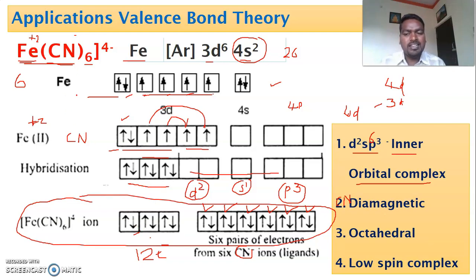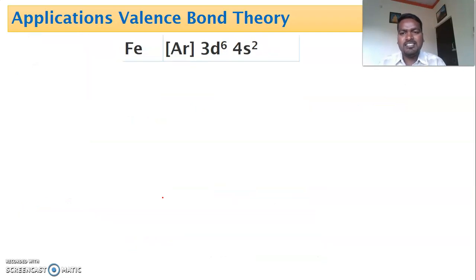And these 6 ligands surround the iron to form an octahedral geometry, and this is a low spin complex, or spin paired complex, because it doesn't have any unpaired electron. So these are the conclusions we can draw after applying valence bond theory to this complex. Let us see the next example.